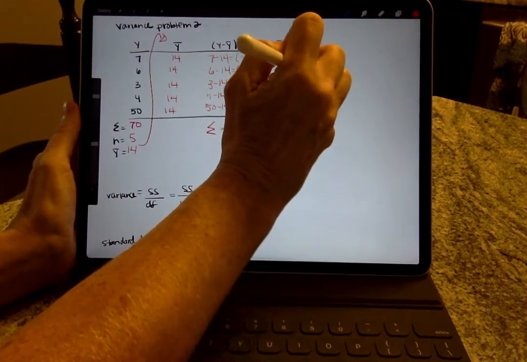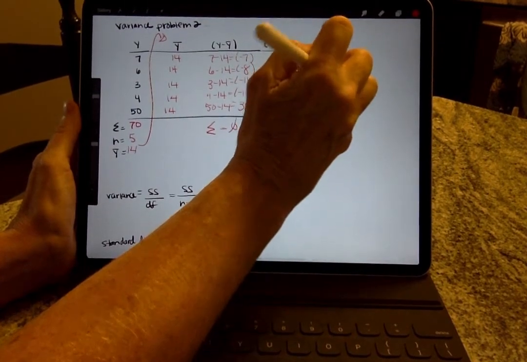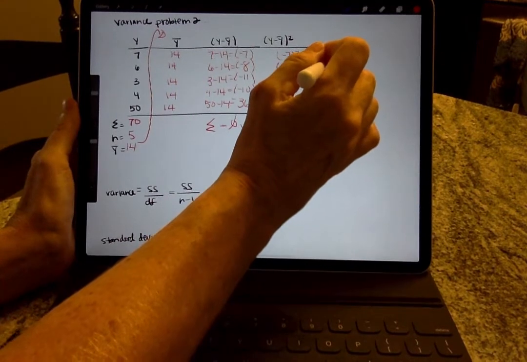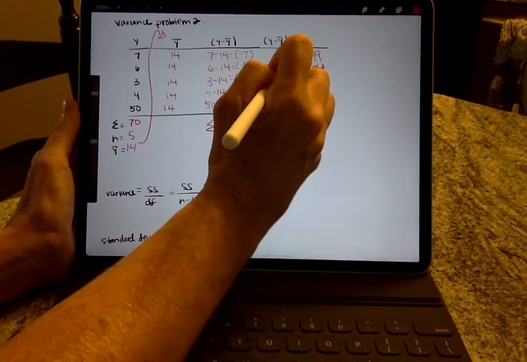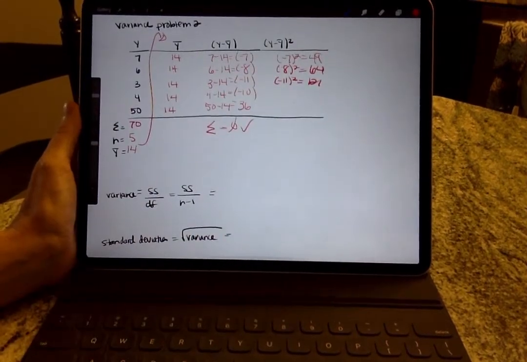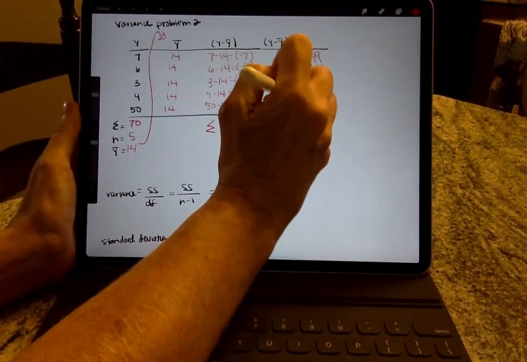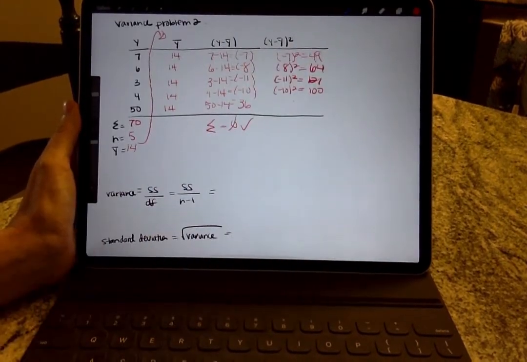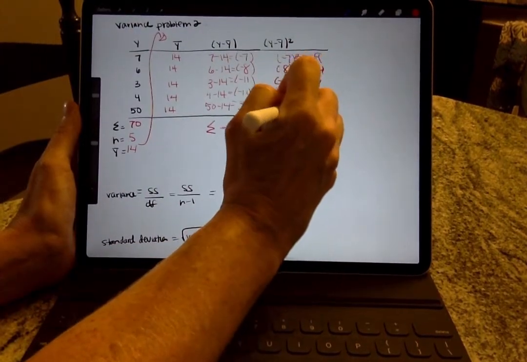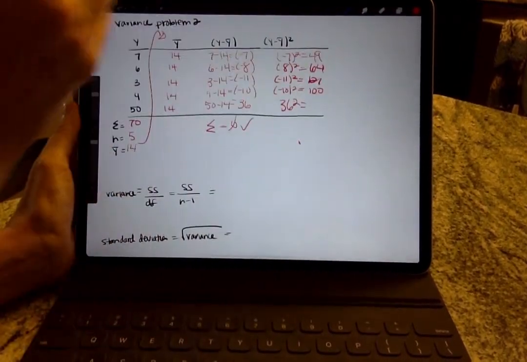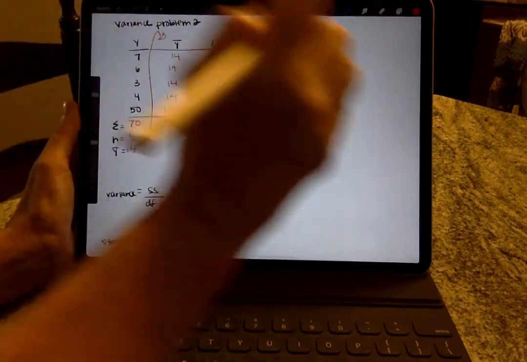Negative 8 squared is positive 64. Negative 11 squared is positive 121. Negative 10 squared is positive 100. And 36 squared, I can't do in my head, but I already calculated this.